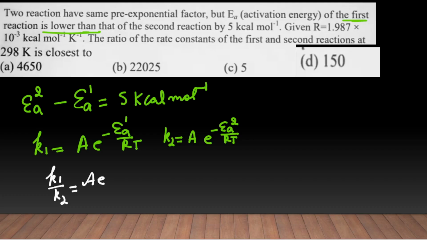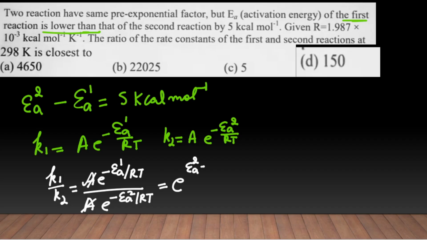That becomes A times e raised to the power of minus EA1 upon RT over A into e raised to the power of minus EA2 upon RT. The A gets cancelled out. This will become e raised to the power of EA2 minus EA1 upon RT.